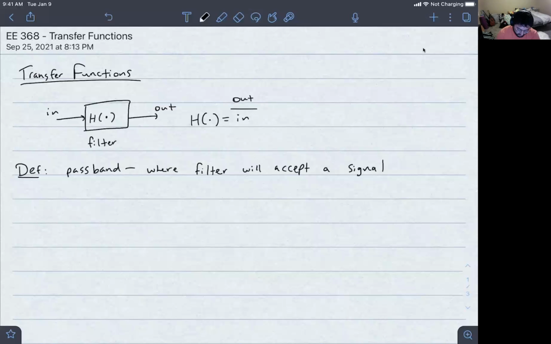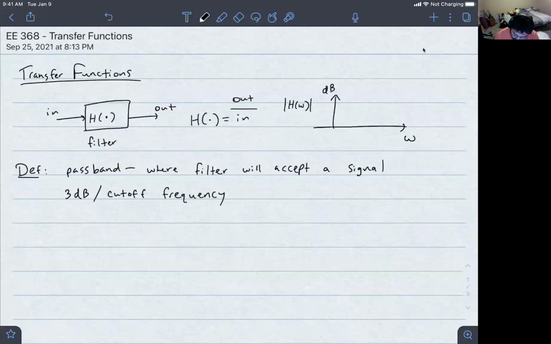And typically, in the case of electronic filters, we have an idea of a 3 dB or cutoff frequency. And this is going to consider some frequency. And here we are going to have the magnitude of, say, h of omega in decibels. So this will be a decibel scale.